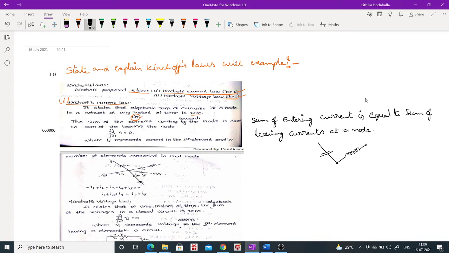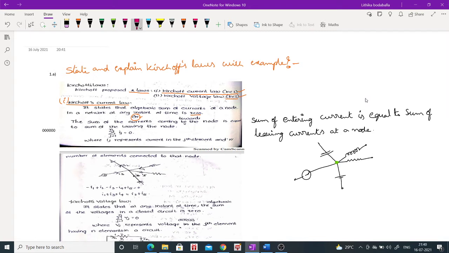This is another element, another element, another element, and this is another element. All these elements are connected at a node. The connection point of all these elements is called the node. This is the node.